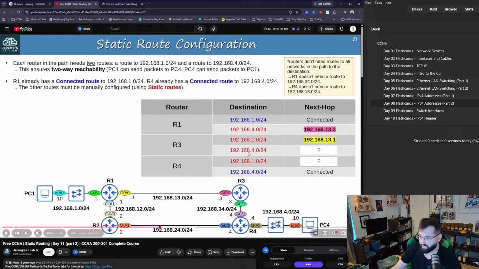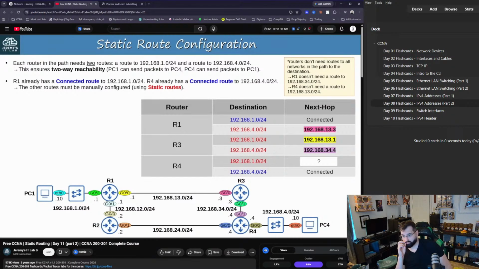So then now our next destination is back to PC4. So we want to go from here to 34.3, and then that's going to go to 34.4. It should send packets to 192.168.34.4, R4's G0/1 interface. Finally, what next hop should R4 use to send packets to the 1.0/24 network?